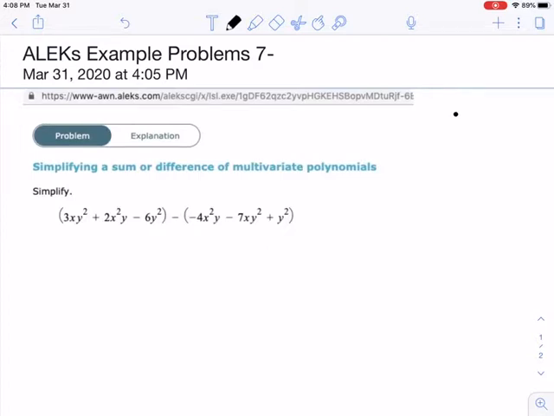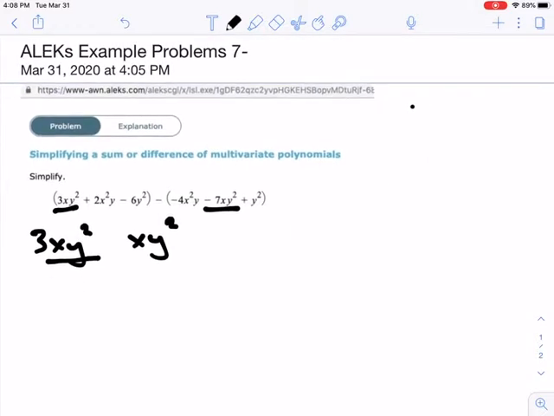So in other words, if I look at this term right here, you've got 3xy squared. I'm really concentrating on that xy squared, and I want to find any other terms that have that exact same thing. And when I look over here, you have the same kind of terms. So basically, it's just looking for the exact same kind of terms.